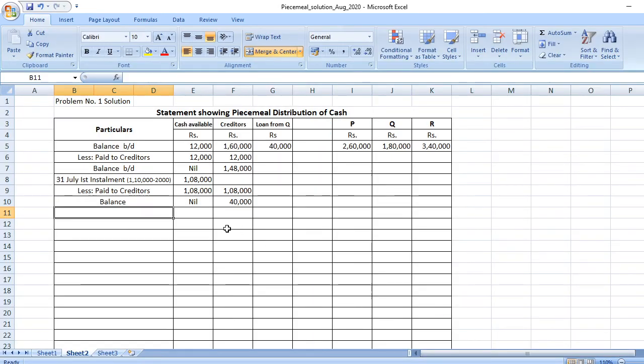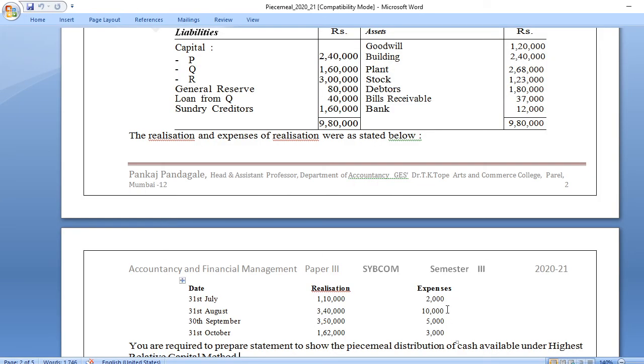So we write here 31st August, second installment. From the 3,40,000 we deduct the 10,000 expenses.